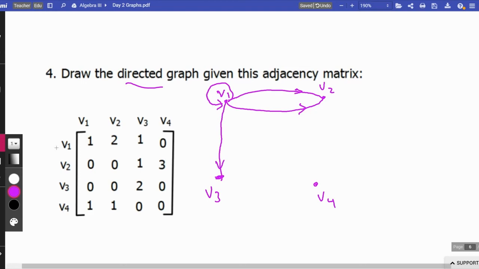So we've done all of the froms from vertex 1. Vertex 2 goes to 3 once. And it goes from 2 to 4 3 times: 1, 2, 3. 3 goes to itself twice.